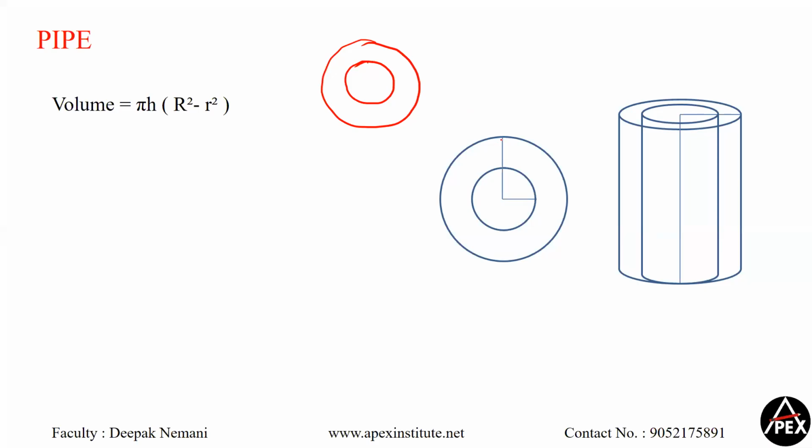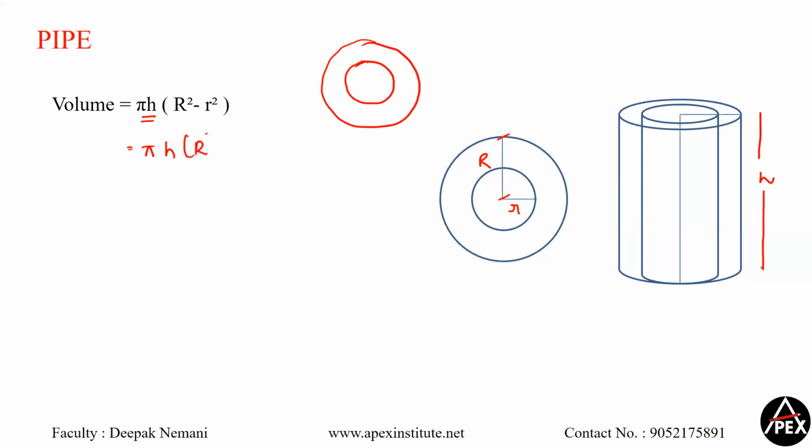Now if I consider the radius of the outer cylinder as capital R and the radius of the inner cylinder as small r, the volume of the pipe, or the volume of the material used to manufacture this pipe, will be given by pi h into capital R square minus small r square, where h is the height or length of the pipe.